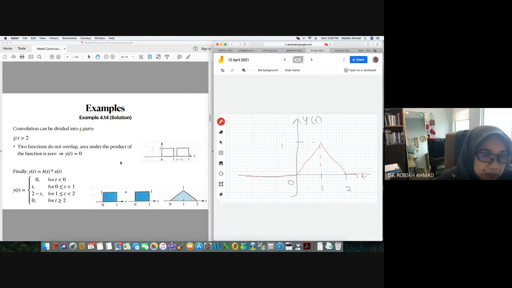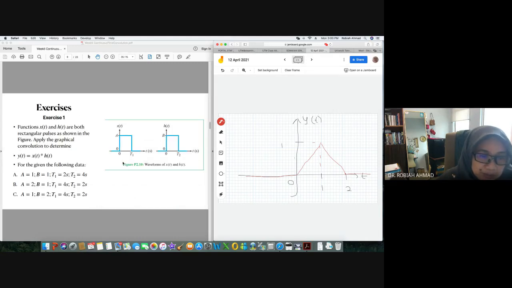Okay, so to make sure that you understand fully this concept, let us look to some exercises. Jangan tengok solution dulu. Okay, cuba kita buat bersama. Okay, for exercise 1, we have again two rectangular pulses, but then this time the width and the height is a little bit different lah. So untuk A dan B, dia punya amplitude sama, 1.